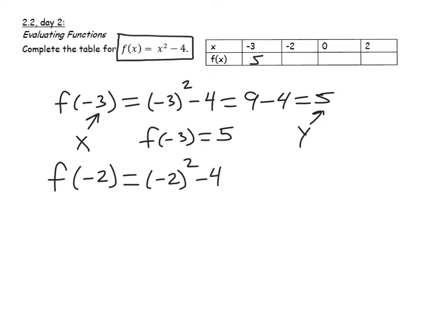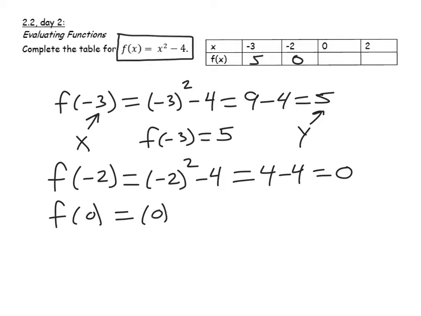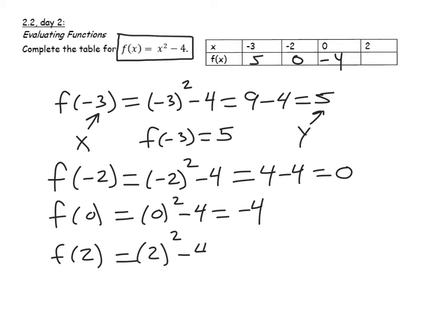Doing the same thing with -2, looks like there you get 0. You could continue this process and fill in the rest of the table, which I'm going to do. Looks like if x is 0, y you get -4. And then if x was 2, looks as though we get 0 again.